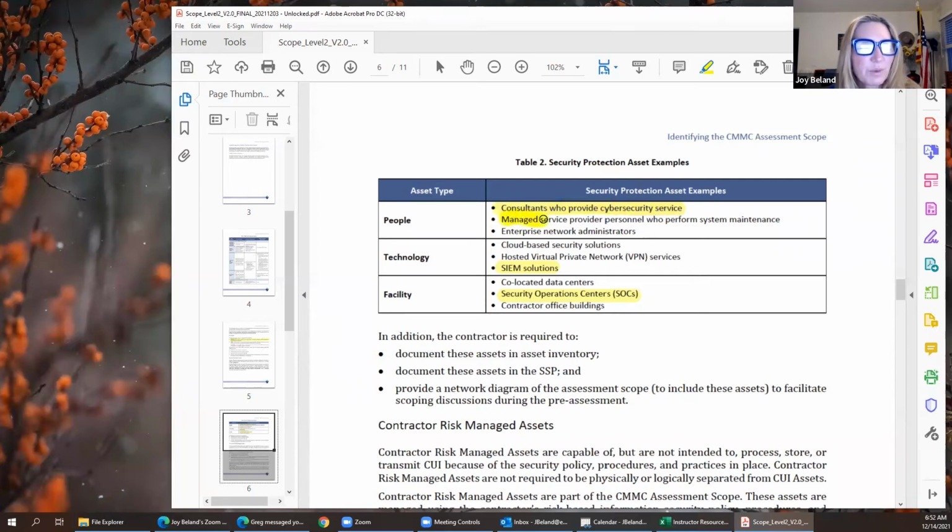So MSP personnel who perform the system maintenance. If you look at this and you say, all right, how many of my MSP staff are going to be touching or accessing a network that is going to fall under CMMC assessment under level 2 now? That's a substantial change.